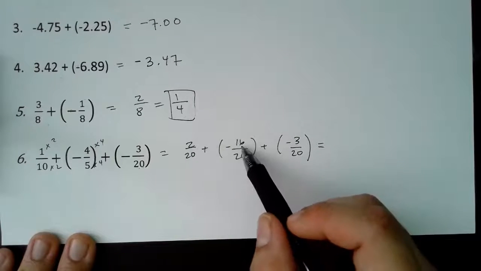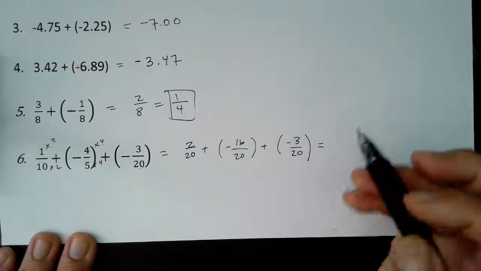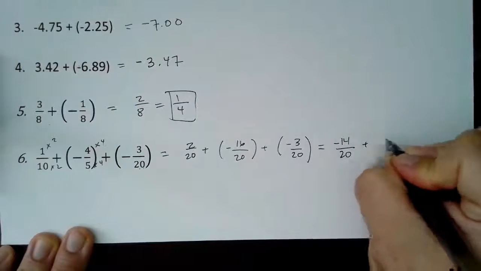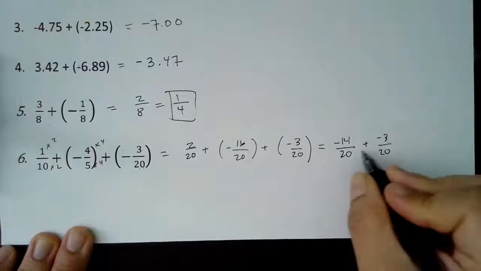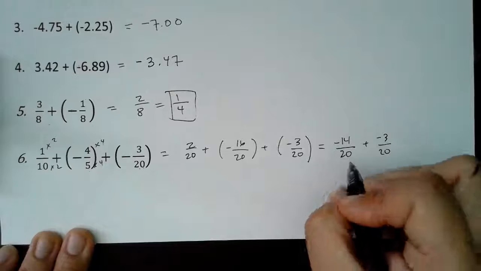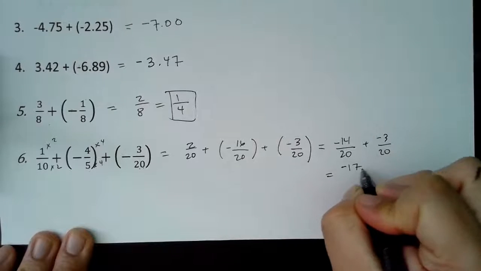So this is going to be negative 14 over 20, the first two, plus negative 3 over 20, so now I just combine the same, right? So they're both negative, so that's going to be negative 17 over 20.